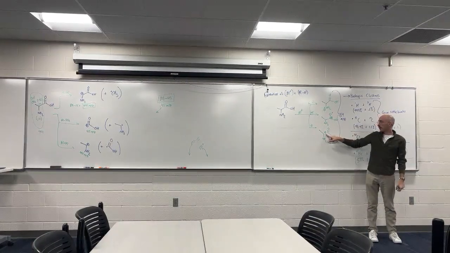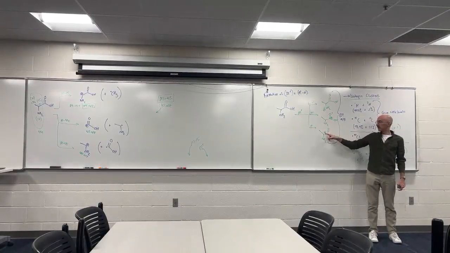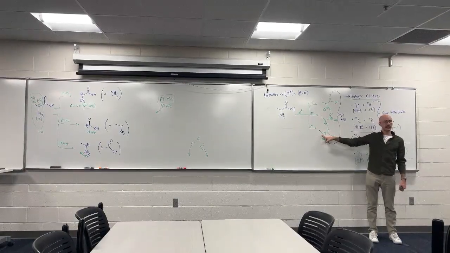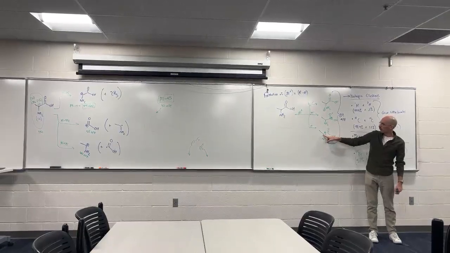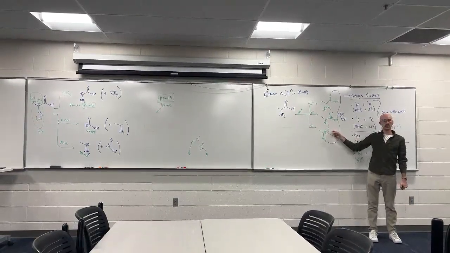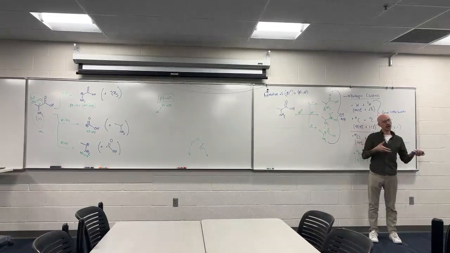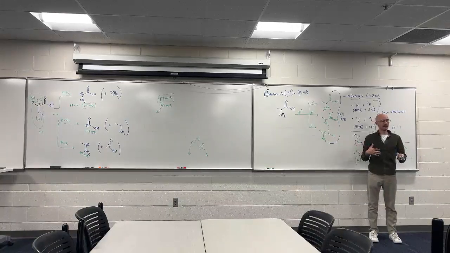Will the radical go with this side and become a radical fragment here, leaving this carbon as a cation? Or will the radical fall on this side, leaving the cation on this to get a signal? Both can happen. But typically, one happens more readily than the other.